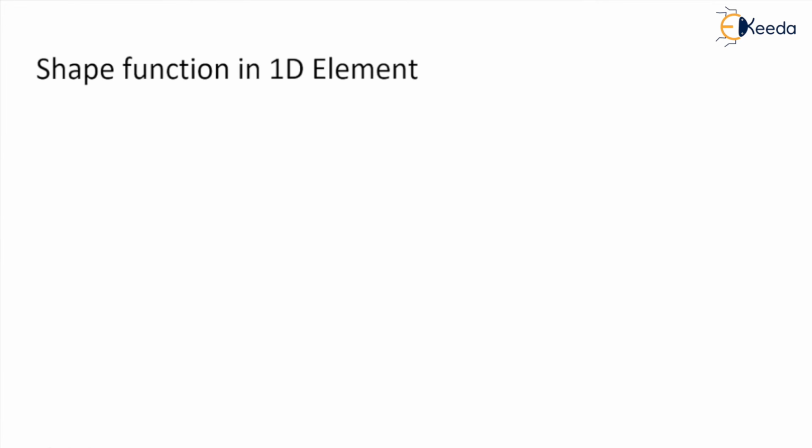Now understand what a shape function is. So this is my element. We have two nodes, node number 1 and node number 2.